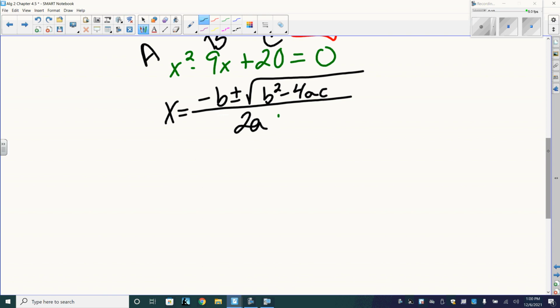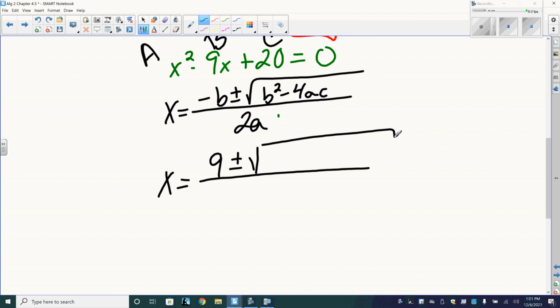So, looking at this here, we need to plug in a, b, and c. Well, what is the value of b? Negative 9. So our negative b, negative 9, is just going to be a positive 9.